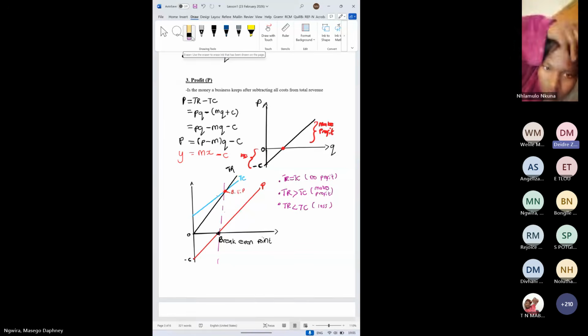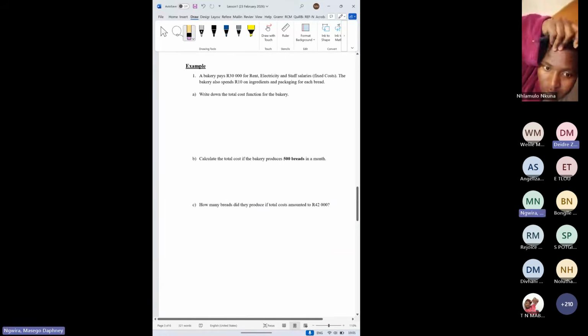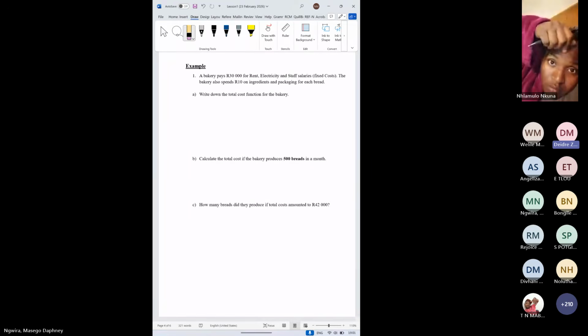Before you move on, in the y equals mx plus c, would it be safe to assume that the mx plus c is a replacement of FC plus VC? Yes, I was just trying to do it with the x and y and then incorporate the economics part.